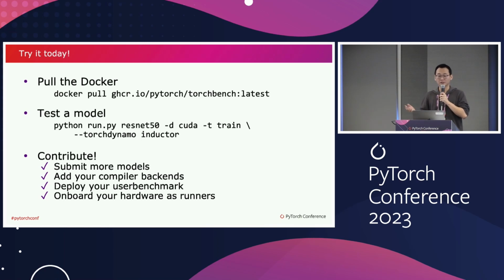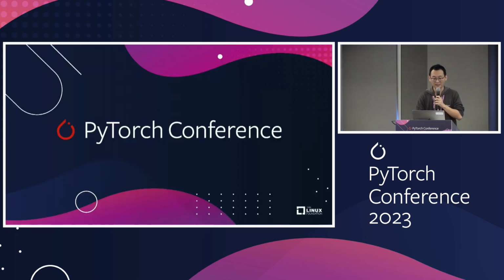And deploy your user benchmark, and if you are interested, you can further push it into the PyTorch CI. And finally, we also encourage our collaborators to onboard your own hardware as GitHub runners so that it can benefit the entire PyTorch ecosystem. Thank you. That's all for my talk, and I'm happy to take questions.